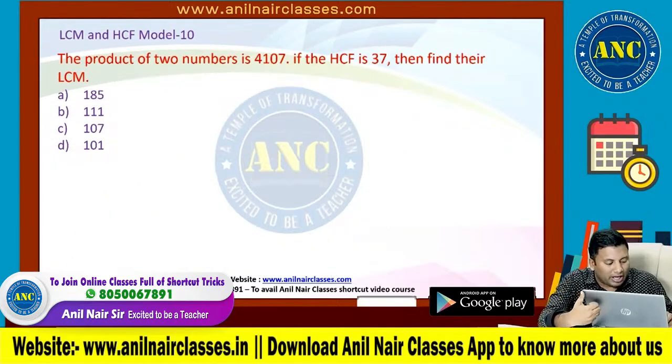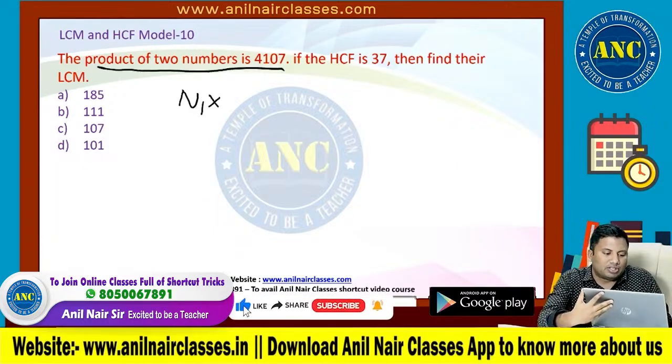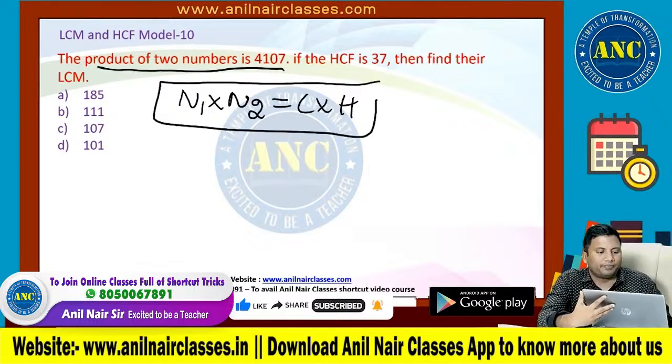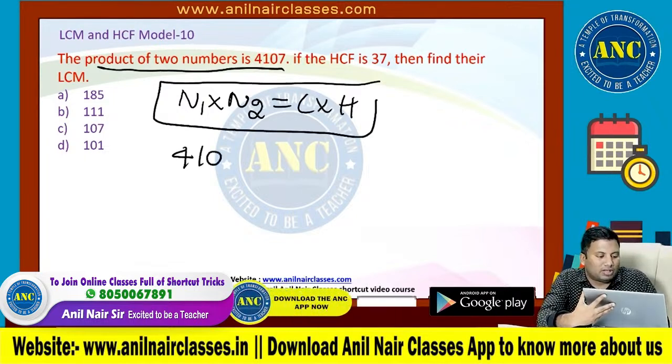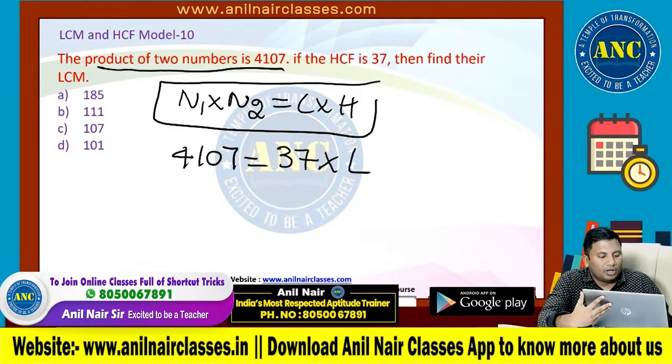Product of two natural numbers is 4107. N1 into N2 is LCM into HCF. This is 4107. HCF is 37 into LCM. The unit digit is 7.